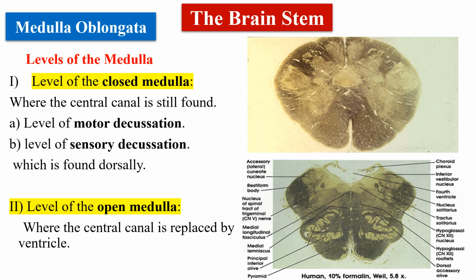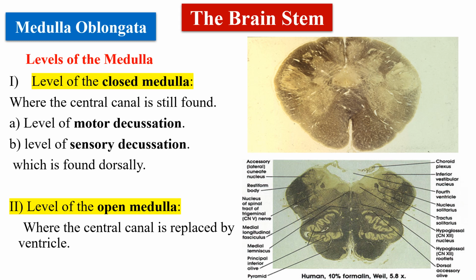The closed medulla is also subdivided into two levels. The first is called the level of motor decussation, and the second is called the level of sensory decussation, which is found dorsally.